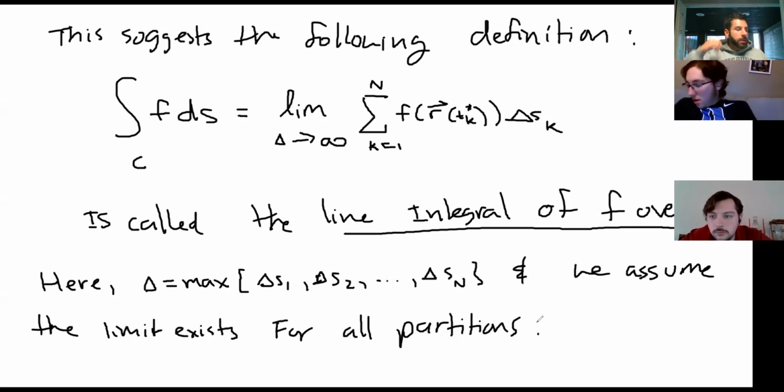So you pick any way you want to chop up AB, do this, and if the limit exists over all of them, we say it's integrable.